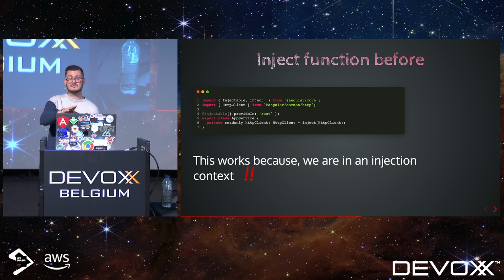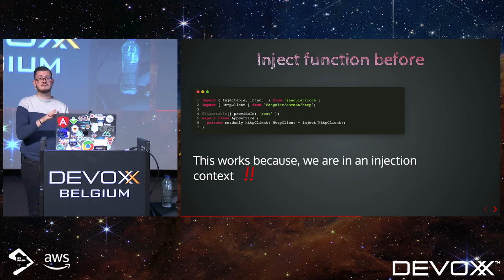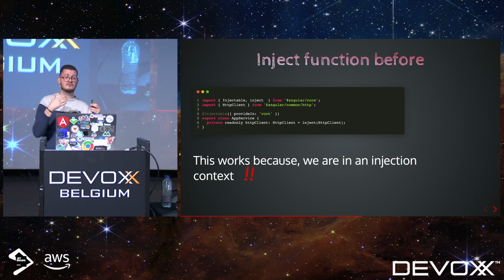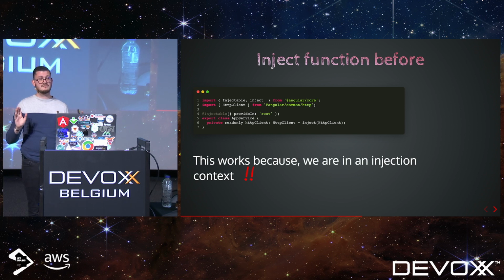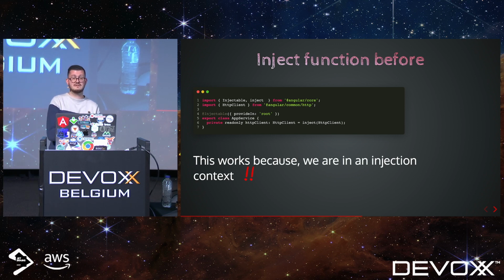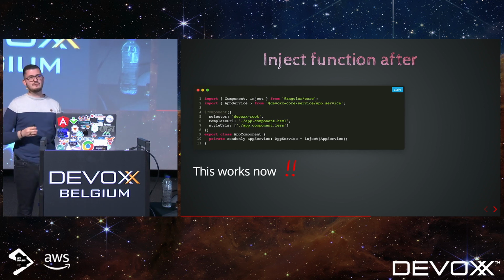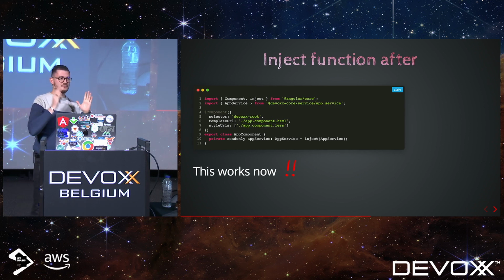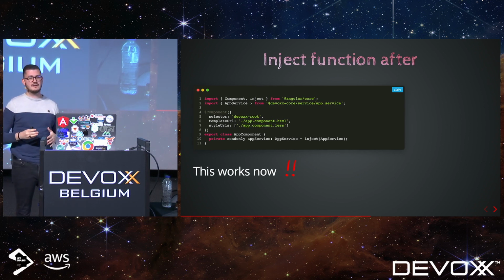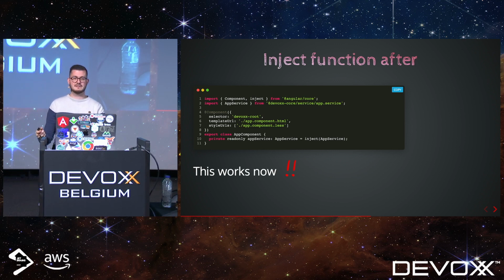So if you used this function outside an injection context, Angular threw an error saying, hey, you must call the inject function in an injection context, so instead of using this function, use a constructor. But now, in Angular 14, this function can be used outside an injection context.